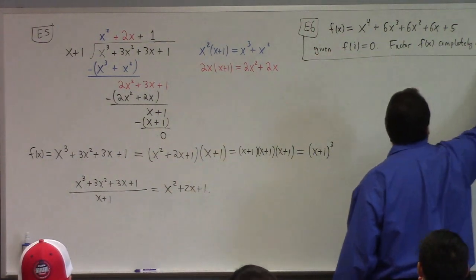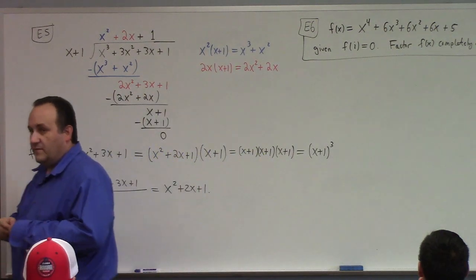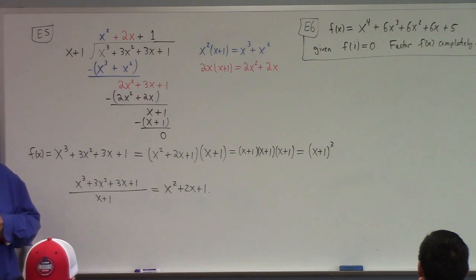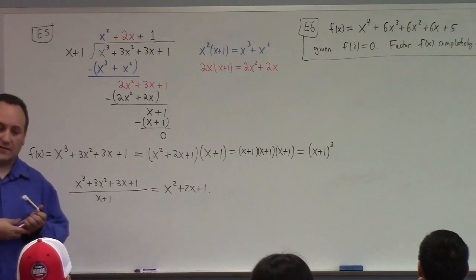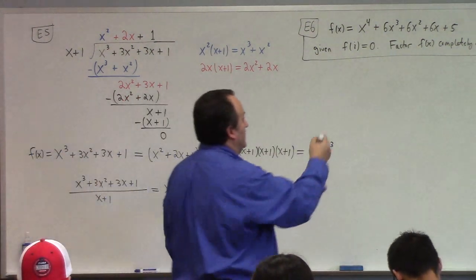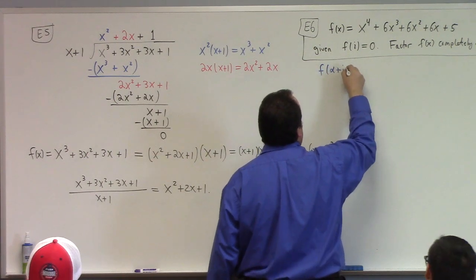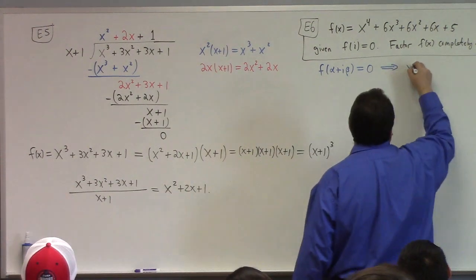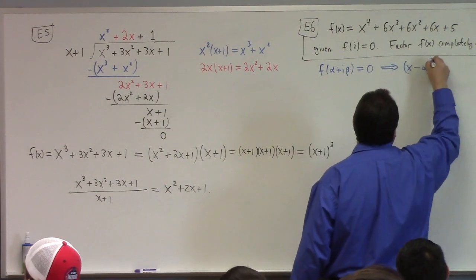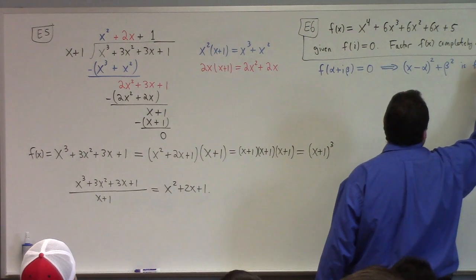See, this is a problem that we worked before, but now we have a new tool at our disposal. All right? So first of all, what did the complex factor theorem tell us? Remember this theorem: f of alpha plus i beta equals 0 means that x minus alpha squared plus beta squared is a factor.